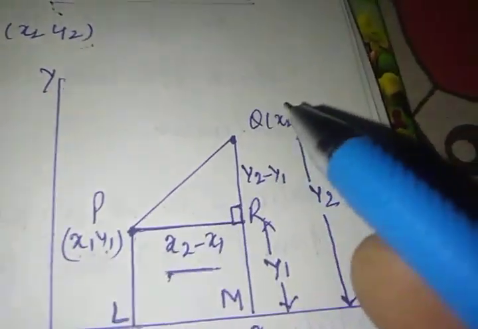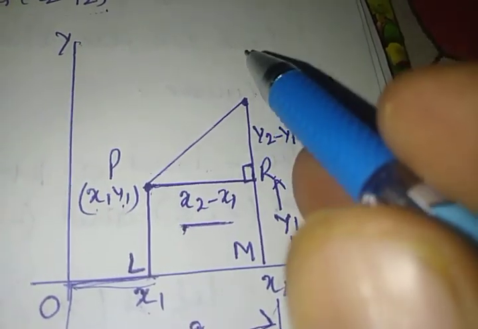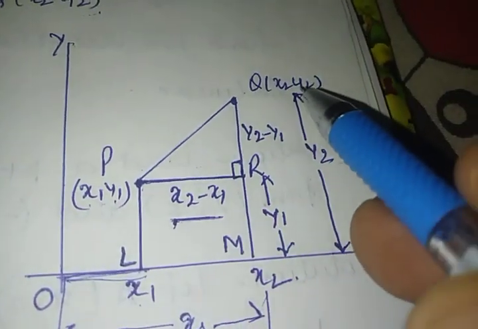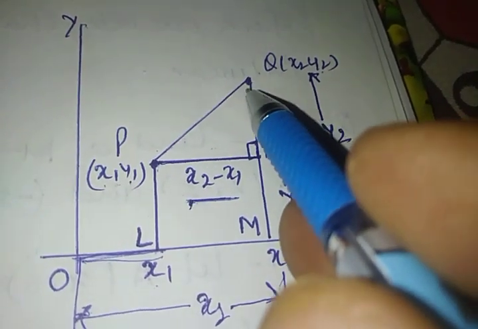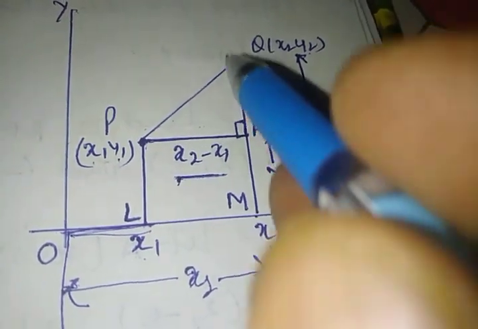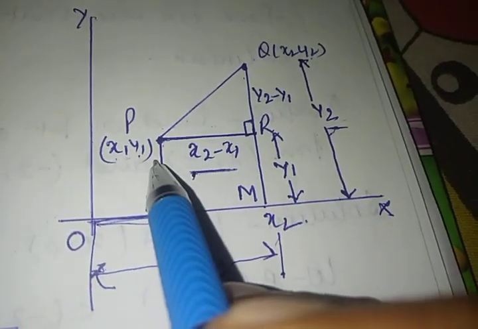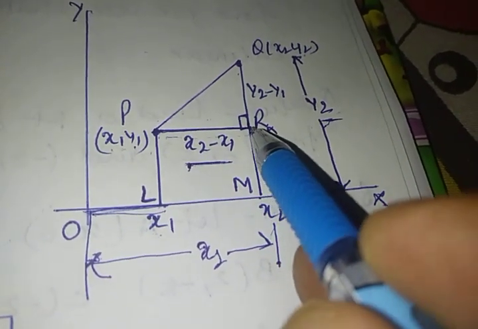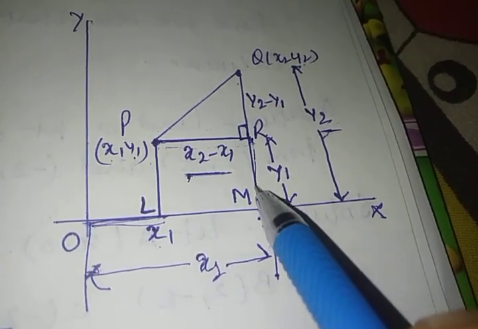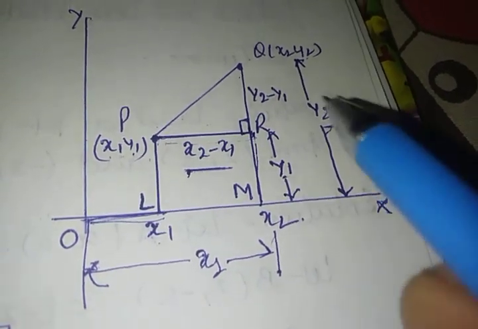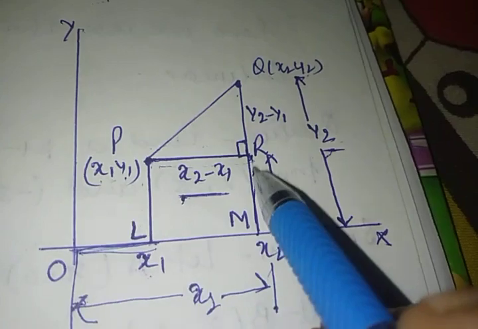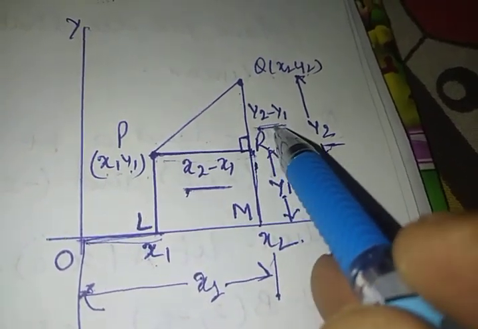Similarly on the upper side, along the y-axis, this is point y2. So this distance QM will be y2. And this is point y1. So this distance QR will be y2 minus y1.